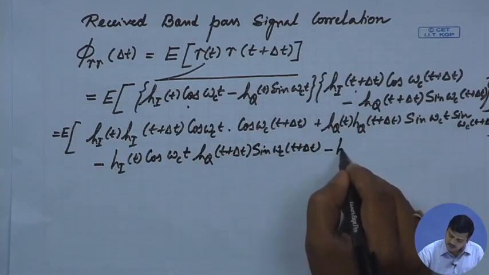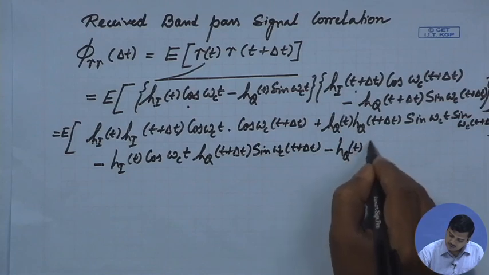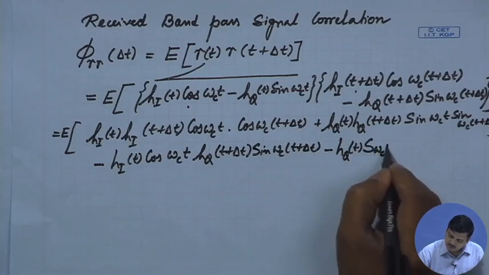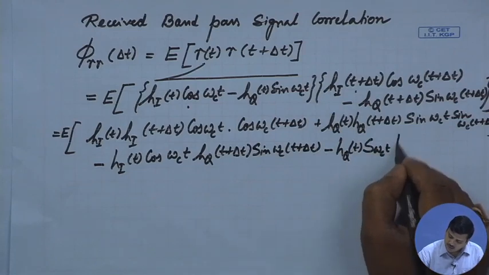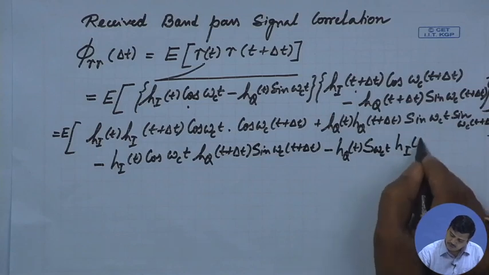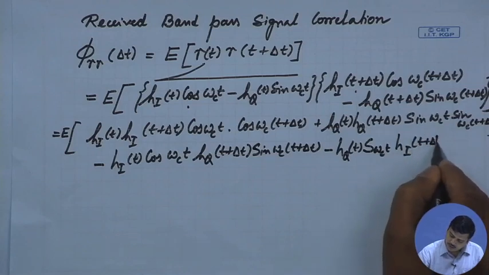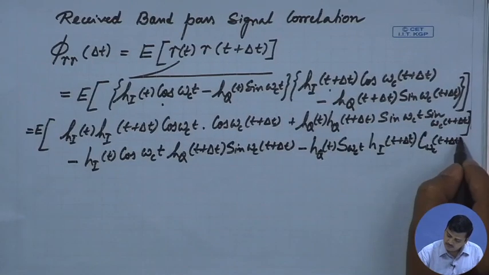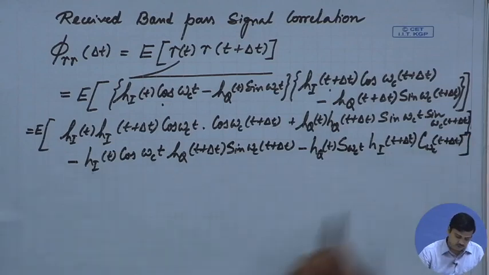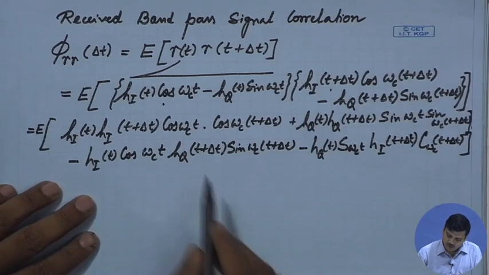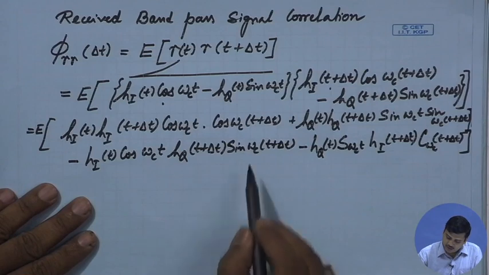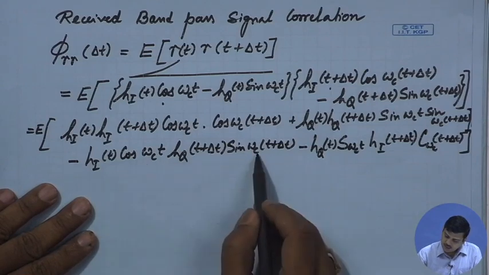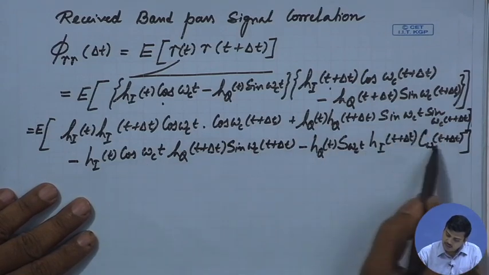So again there is a minus sign, h q of t sine omega c t. I am writing this in short, h I of t plus delta t into cosine of omega c t plus delta t. So now we have all the expanded forms. So what we see, there is a cosine and a cosine, and there is a cosine and a sine, there is a sine and sine, and there is a sine and cosine.